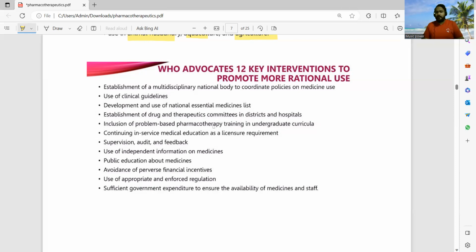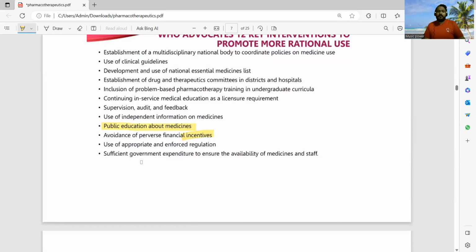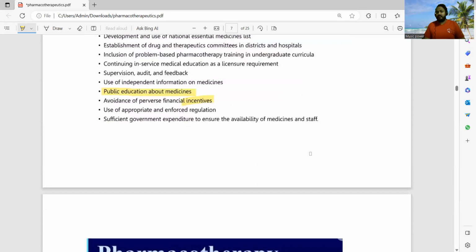Inclusion of problem-based pharmacotherapy training in the undergraduate curriculum, supervision, audits and feedback of the clinical establishment, use of independent information on medicines and public education about medicines, avoidance of perverse financial incentives, use of appropriate and enforced regulations, and sufficient government expenditure to ensure the availability of medicines and staff.